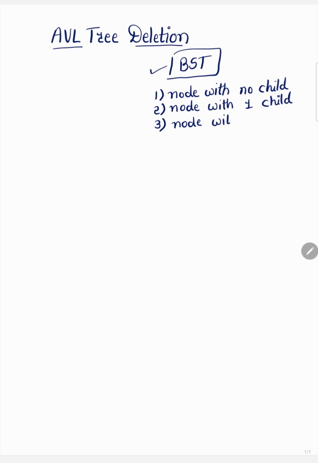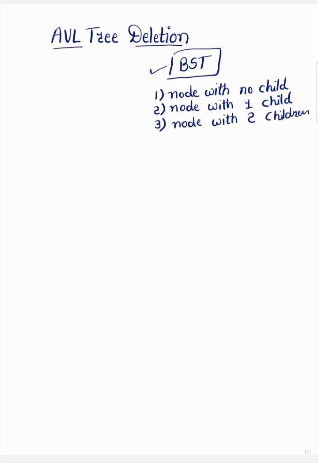And third, we have a node with two children. In that case there are two methods: the in-order successor method and the in-order predecessor method.